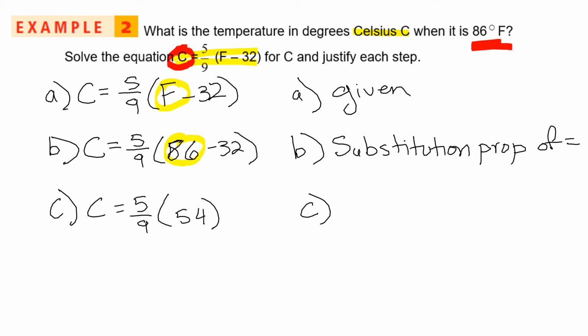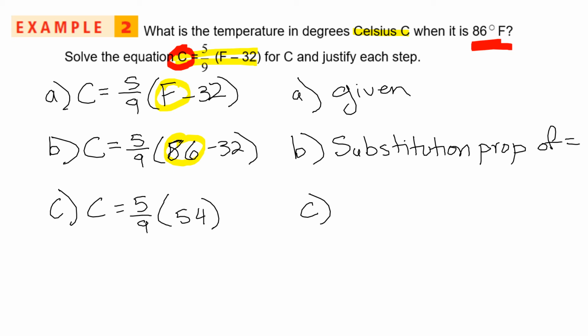Now, did we subtract on both sides of that equation? No, we did not. So we are not going to put down subtraction, because we only put down subtraction when we subtract on both sides of the equation. Same for addition, multiplication, and division. You have to do that on both sides of the equation.